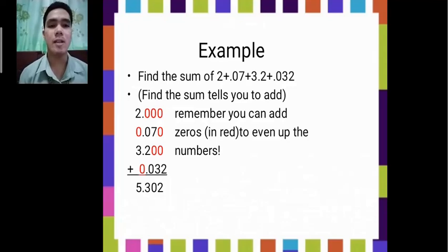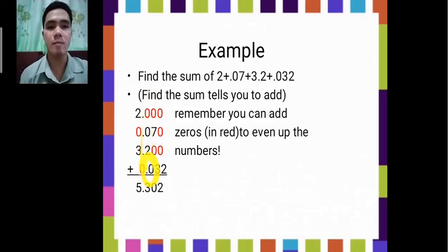So now, since we have to find the sum, it tells you that you have to add the decimal numbers. So as I said earlier, you have to line up the decimal point. So this will be your decimal point.